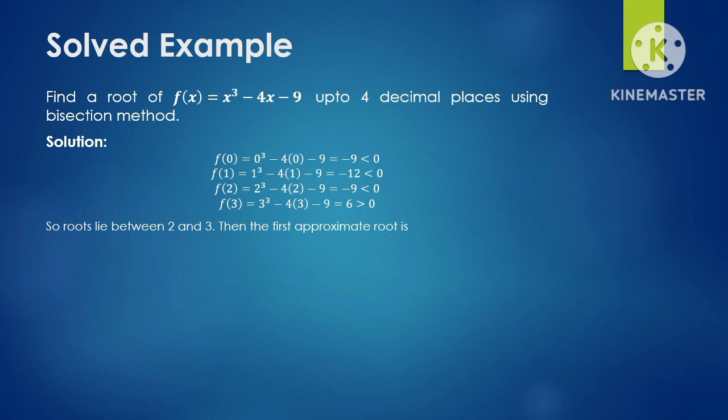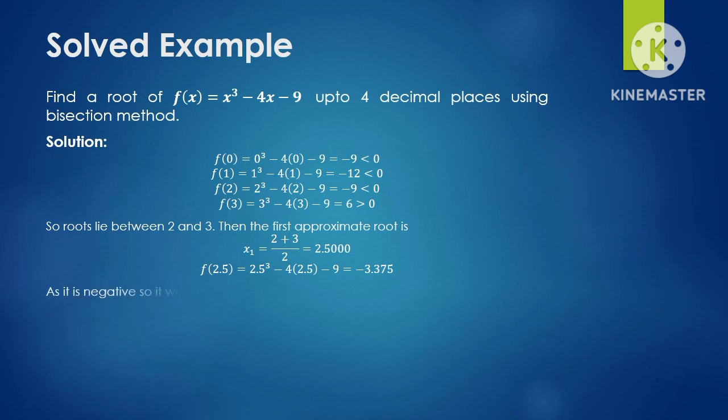So the first approximate root is the average of these two numbers 2 and 3, which is equal to 2.5. Now we check the value of the function at x1. We put 2.5 in the given function and calculate it. It is equal to -3.375, a negative number.